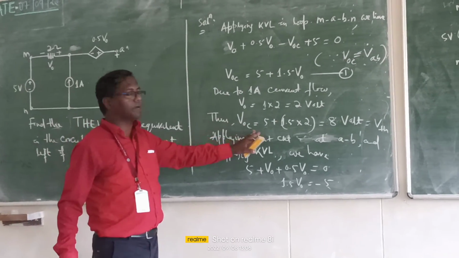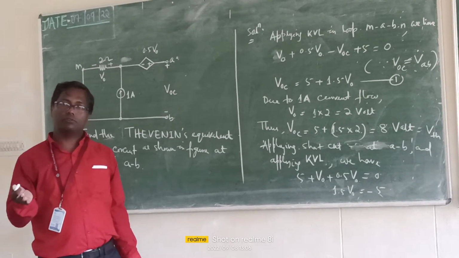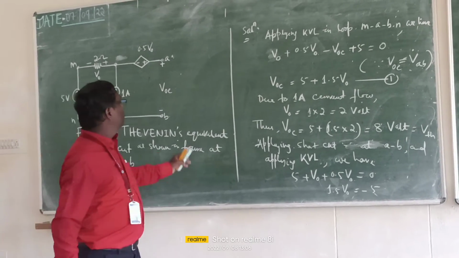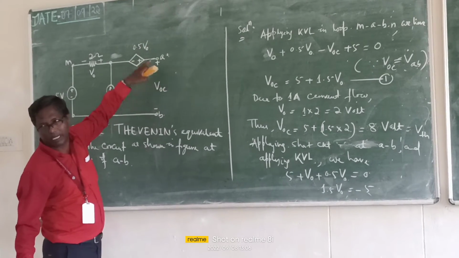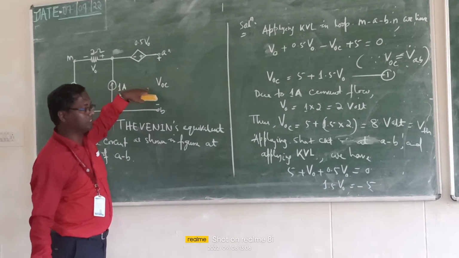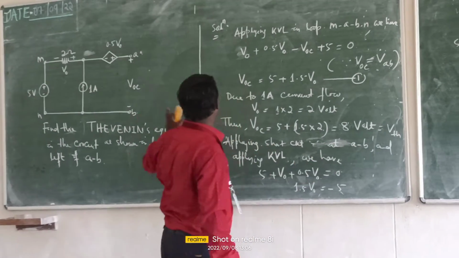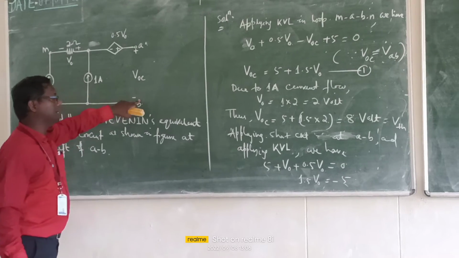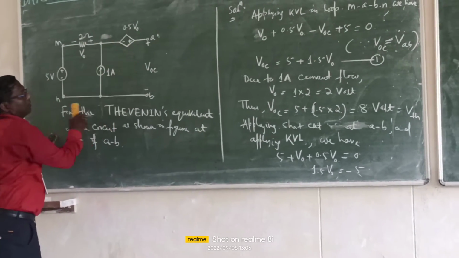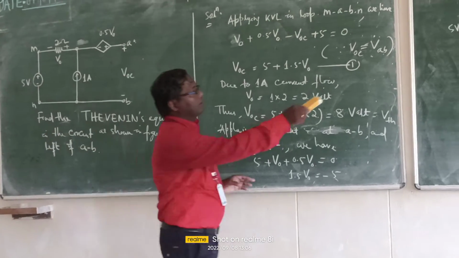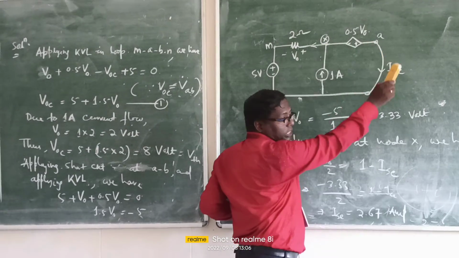Next objective is to find the Thevenin resistance. But this circuit has a dependent source. For a dependent source, we have to make the open circuit terminal shorted and find the short circuit current. So applying a short circuit at terminals A and B and applying KVL, once we make it shorted, this becomes a closed circuit.